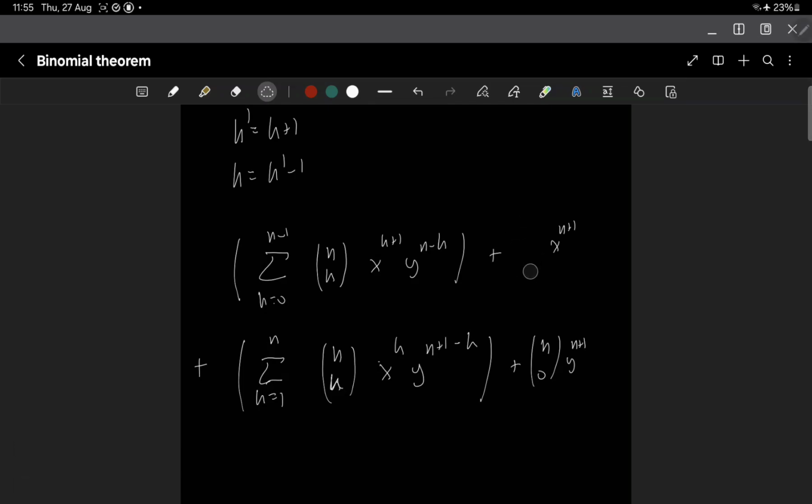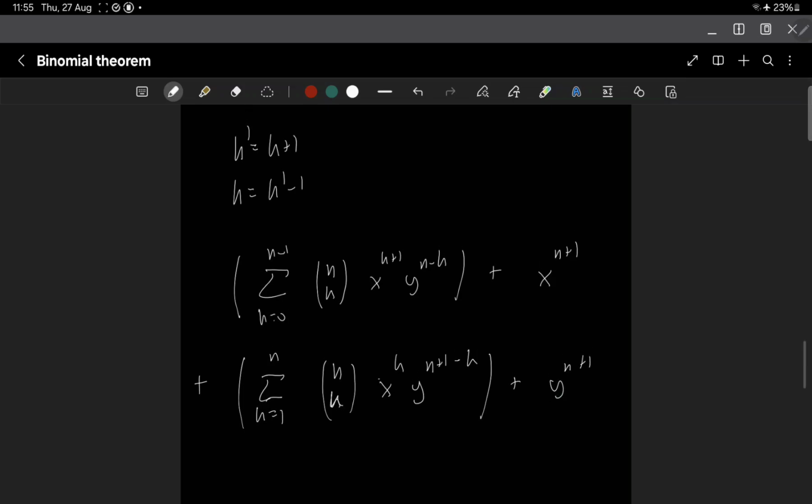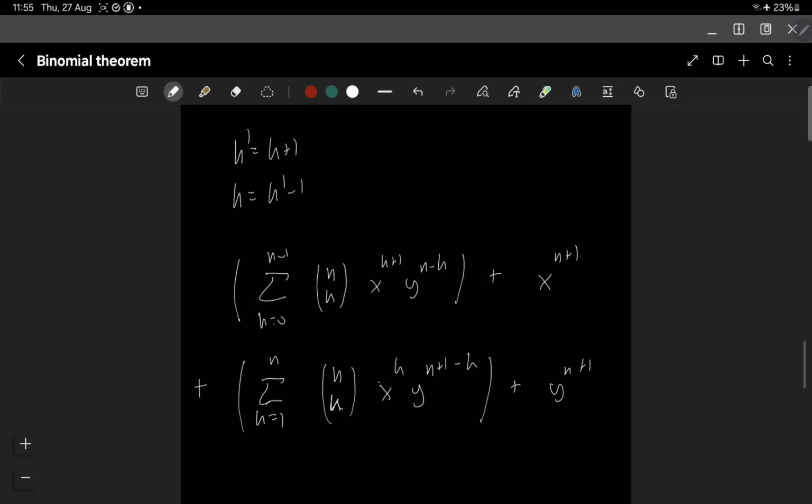And now I can delete this because n upon n is 1, and n upon 0 is also 1. Sorry, it's 1, not 0. And this is y to the n plus 1, right? And now I'm substituting k prime is k plus 1. So when k is 0, k prime is 1. So this becomes k equals 1. And when k is n minus 1, k prime is n.